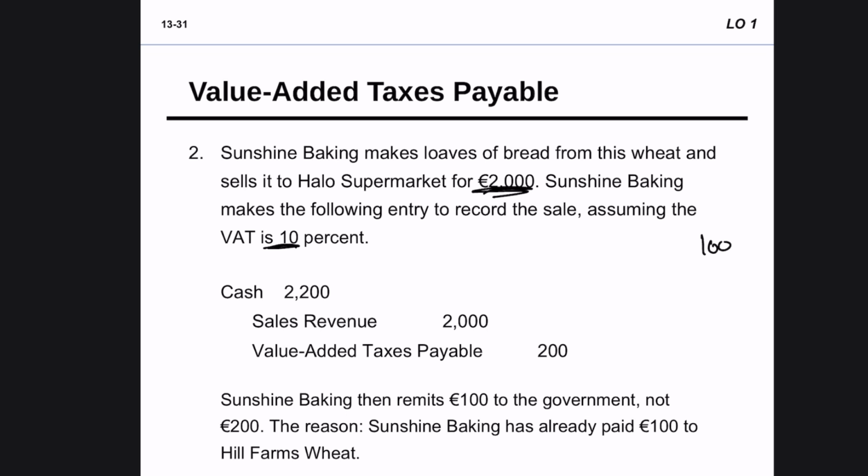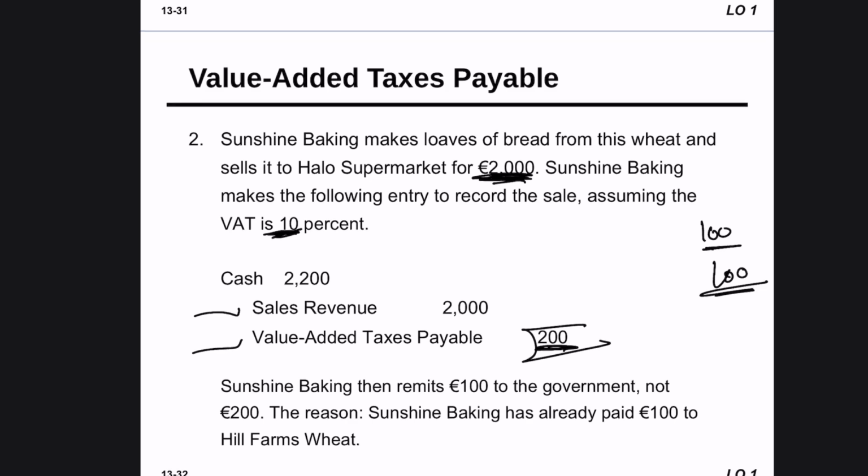Because we've sold it for 2,000, we credit sales revenue 2,000, and the VAT is 10% of that sale, so it would be 200. But remember, we've already paid 100 of that 200, so we are only going to pay an additional 100 to the government, because we've already paid part of that 200 in the previous sale.